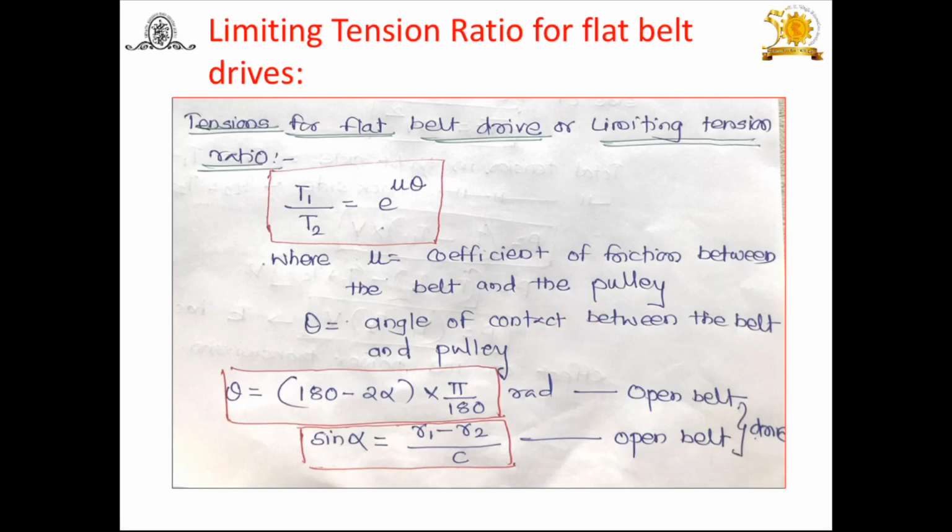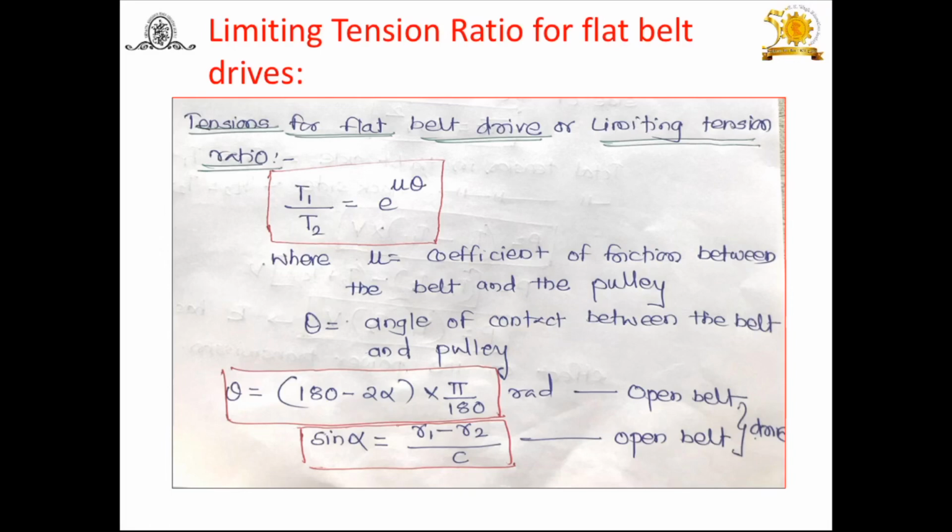If the pulleys and belts are made of different materials, then which mu theta should be considered? The one having the smaller value of mu into theta, that we have to find out and take into the design of the belt drive or in calculation.